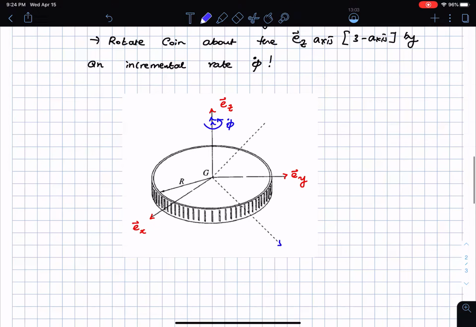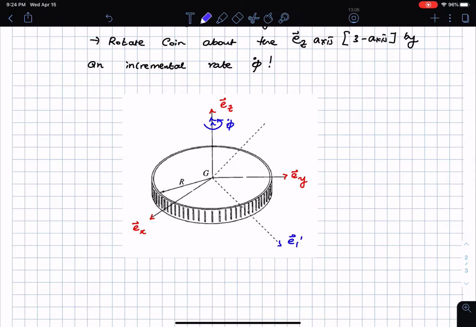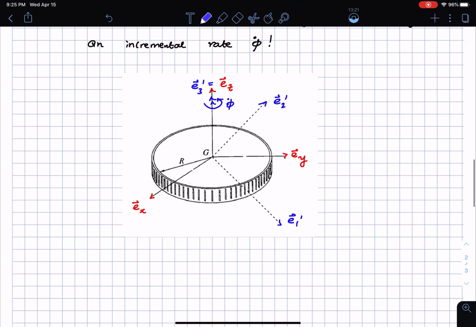Then the EY axis comes to another new position that we call E2 prime, and the E3 prime axis is the same as the EZ axis. This is the first of the 3 rotations. So we start from the reference configuration, and then we go to this new configuration, rotating it by an angle which we call the angle phi.